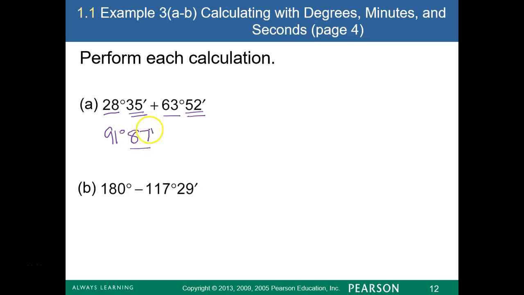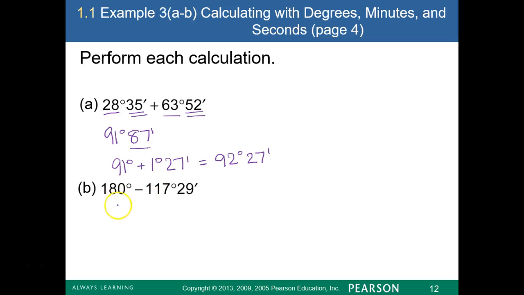So there is another degree in here. 87 minutes is actually 1 degree and 27 minutes. So this is like having 91 degrees plus 1 degree and 27 minutes. So that calculation ends up giving us 92 degrees and 27 minutes.